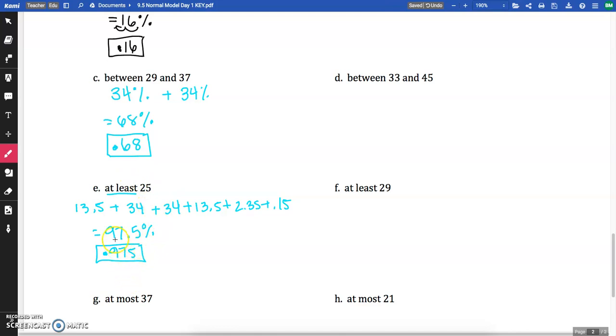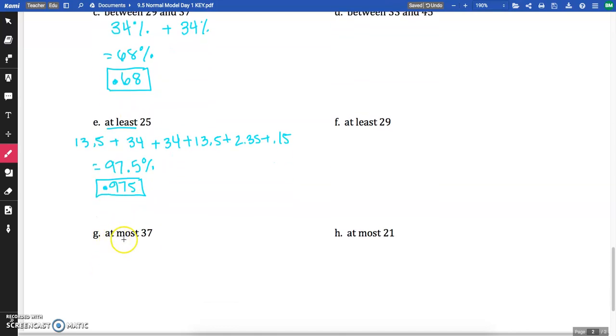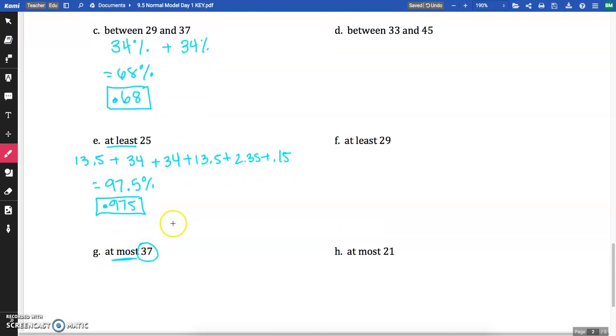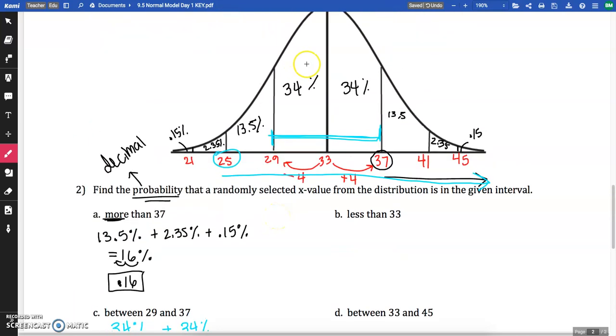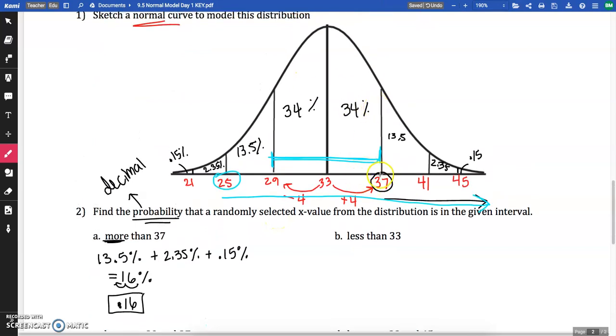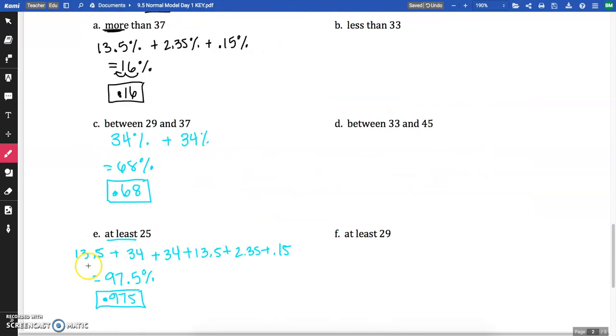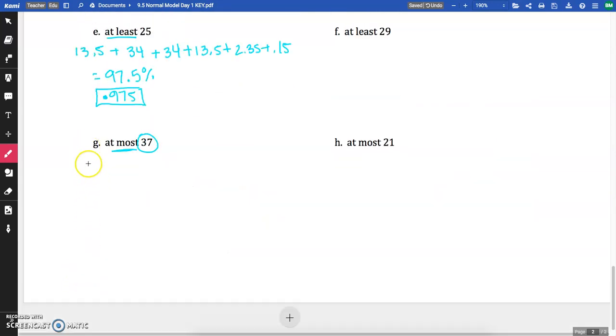And then last one together here, at most 37 means that's the highest number possible. So I'm going to find 37. Here's my 37. At most 37, meaning that's the biggest one. So I'm actually looking at everything to the left this time. So I'll add up all the percentages to the left of 37.